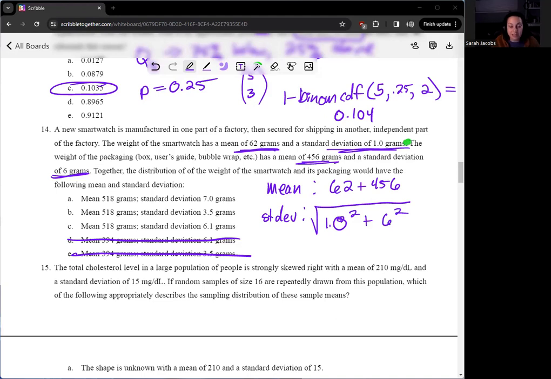We can't just add the standard deviations because they can deviate in opposite directions or the same direction, so there's more variability than just adding them together. So 1 squared plus 6 squared is 37. Square root of 37 is a little over 6.